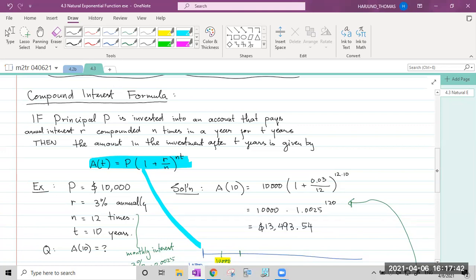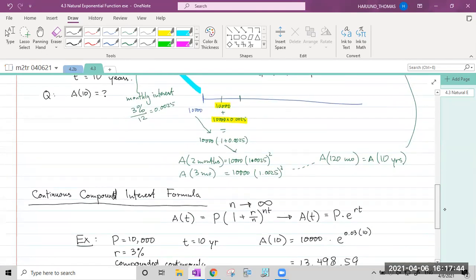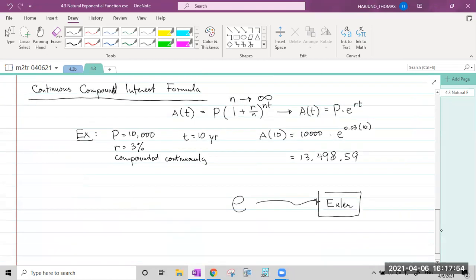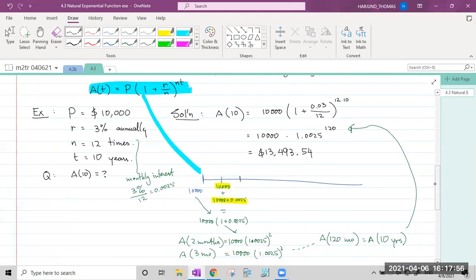I don't think I will ask you that in your test. Even if I do, I will give you the formula. Nothing much to say here. And every time we work with problems in this section, they will give us the formula.